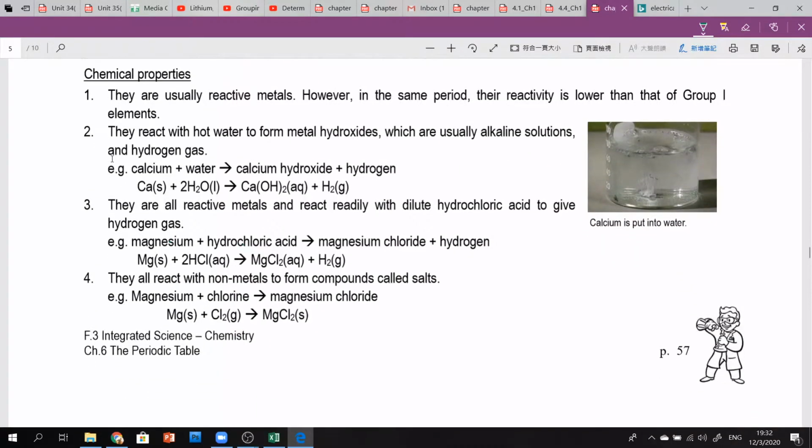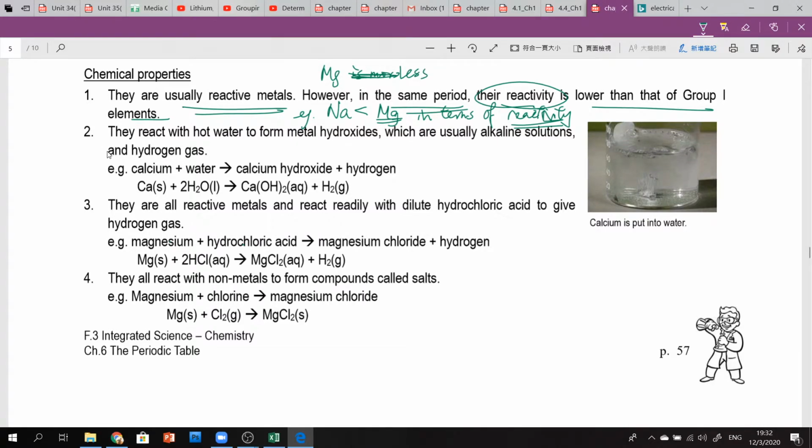How about chemical properties? They are usually reactive metals. However, in the same period, the reactivity is lower than group 1 elements. For example, if you compare sodium and magnesium, sorry, I wrote it wrongly, so I will write it once again.